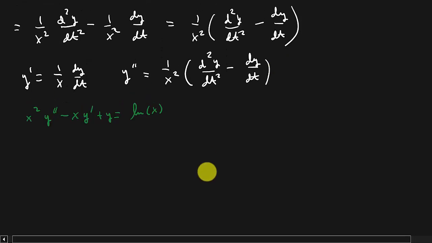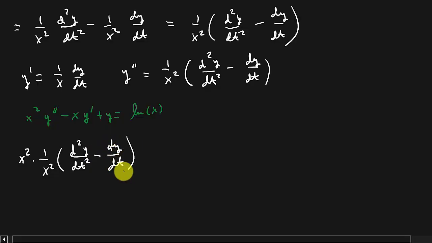I get x squared times y double prime, which is 1 over x squared times the second derivative of y with respect to t minus the first derivative of y with respect to t, minus x times y prime, where y prime is 1 over x dy/dt, plus y. We want it in terms of y, and that's y.